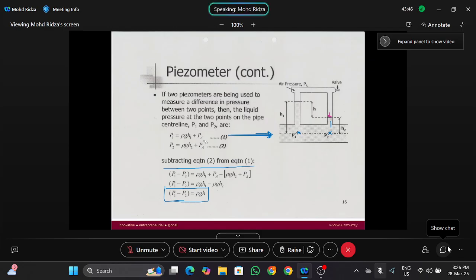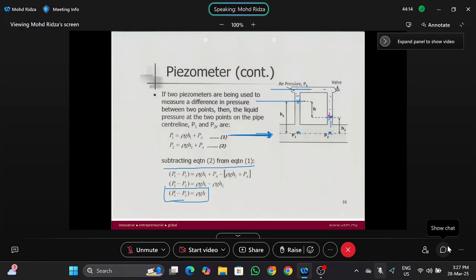Now the question will be, here they call this PA. Here also, they assume PA, meaning they are assuming that the air pressure in this white area, no matter which elevation, is the same.